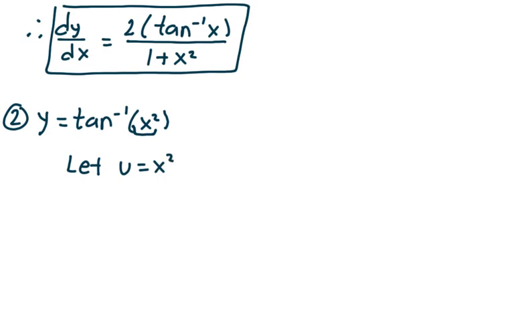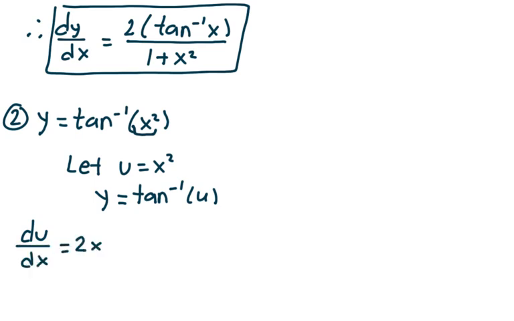As a function of u, we can say y equals the inverse tangent of u. What is du dx? Well, that's just 2x. And then dy du is 1 over 1 plus u squared.